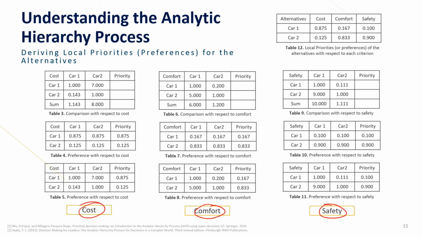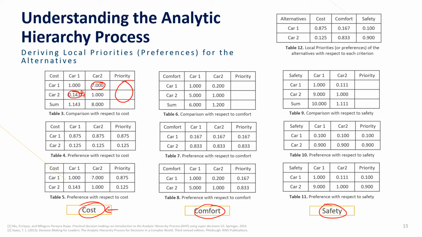This example shows that car 1 is very strongly more important than car 2 because they put 7 here. Then this one is 1 divided by 7, equal to this one. So next, after this comparison, we need to derive the priority. For each criterion, we will find the local priority of those alternatives.